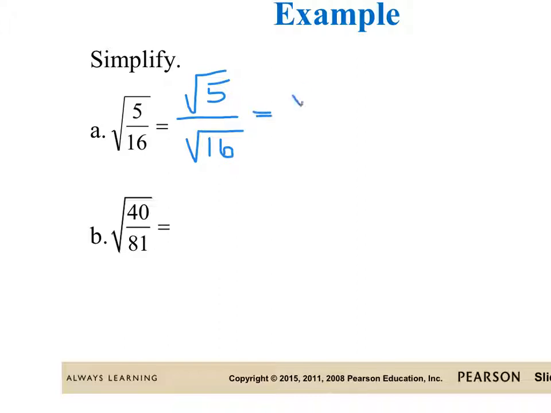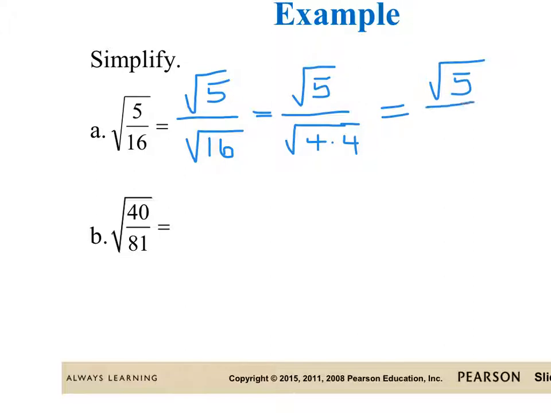And the square root of 5 is not going to simplify any further. It's going to sit there just like that. But the square root of 16 is the square root of 4 times 4. So what we actually wind up with is the square root of 5 over 4.